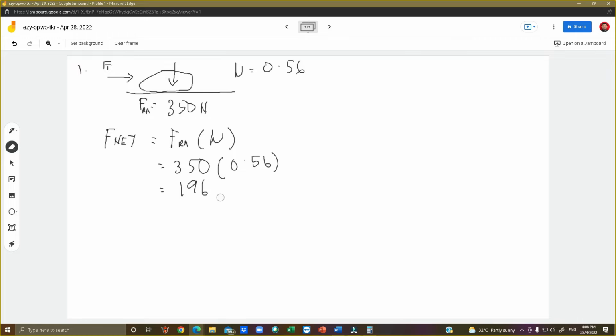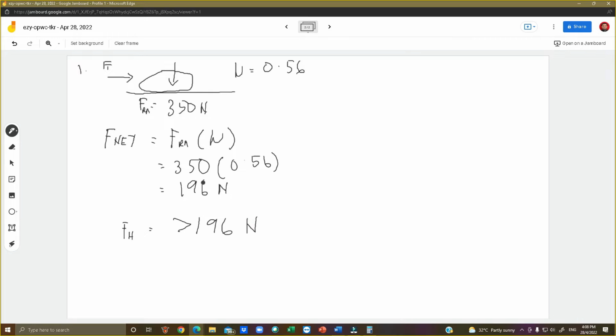If you have this one, this means that the net force is 196. So how much force needed horizontally to make this shoe moving? Berapa banyak force kita perlu bagi untuk gerakkan kasut ni? The horizontal force needed will be more than 196.